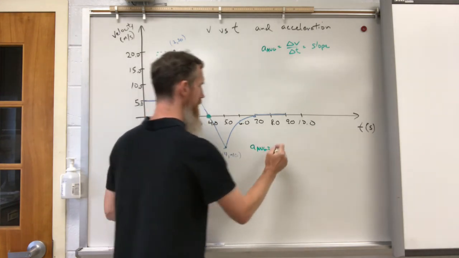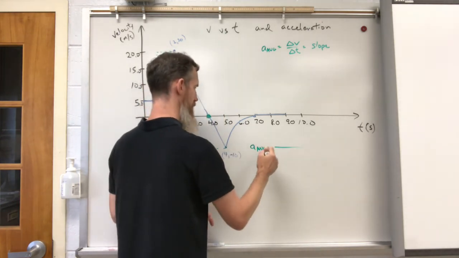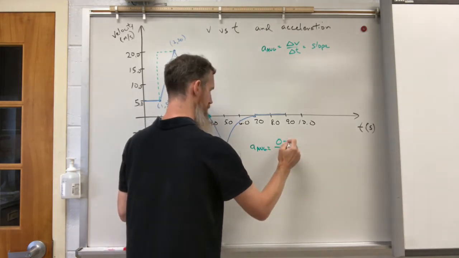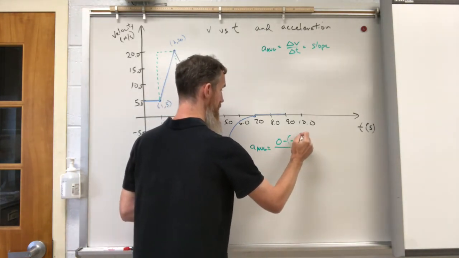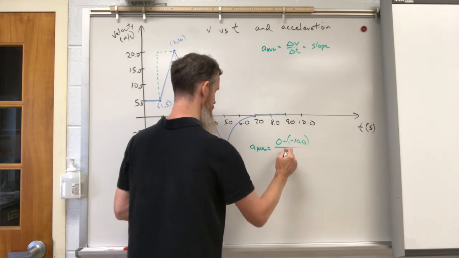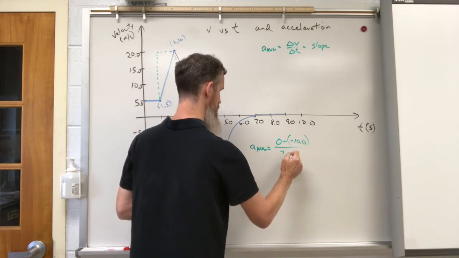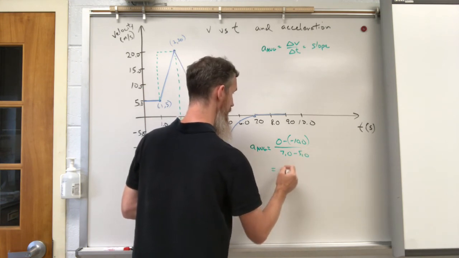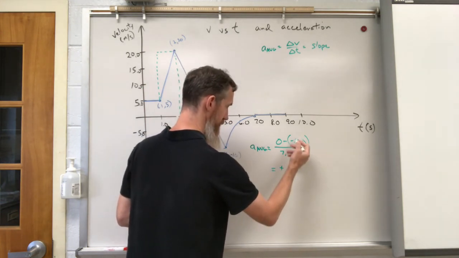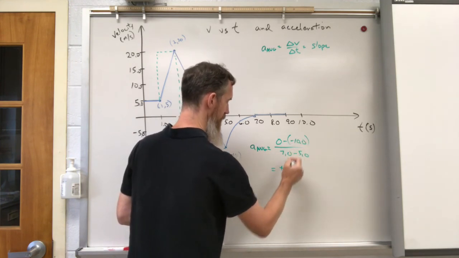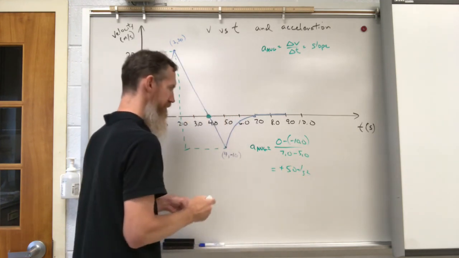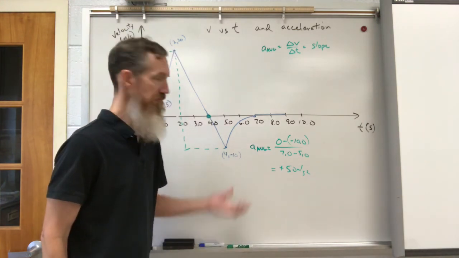You could do final minus initial. So we end up stopping. The initial velocity was -10. And we did this from 7.0 to 5.0. So we ended up being a positive, because negative is positive, 5.0 meters per second squared. That's reasonable.